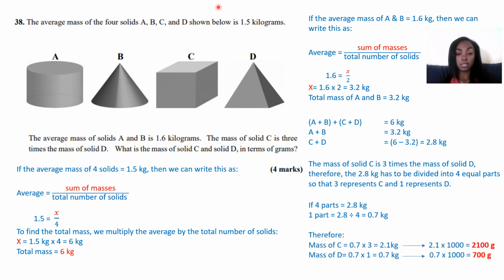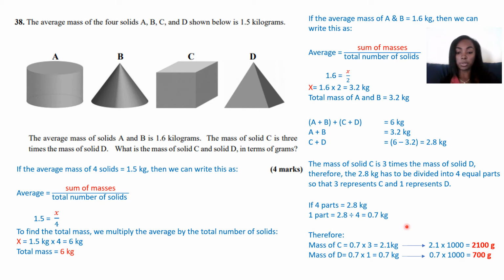Therefore, that would mean that the mass of C would be 0.7 multiplied by 3 to give us 2.1 kilograms. And then the mass of D would be 0.7 by 1 to give us 0.7 kilograms. Now, the important part here is that they tell you to put your answer in terms of grams. So we have to do that conversion.